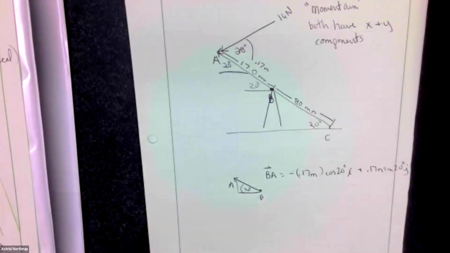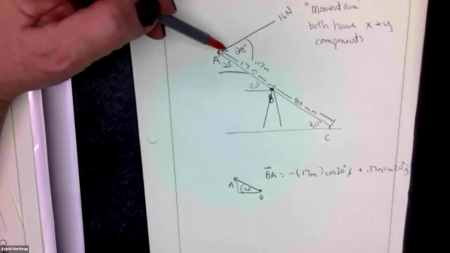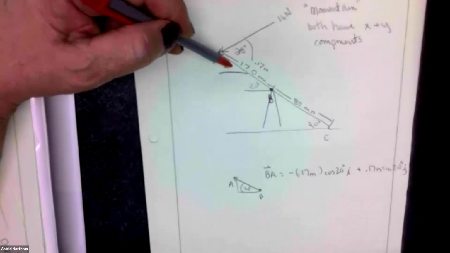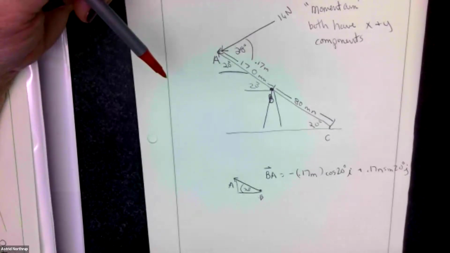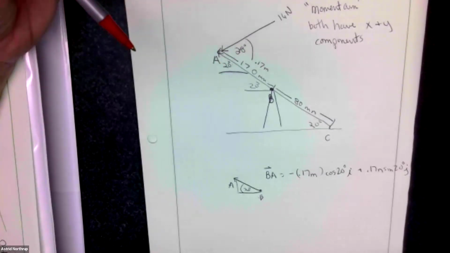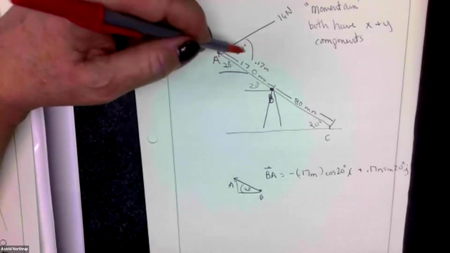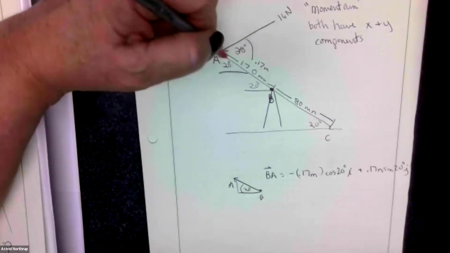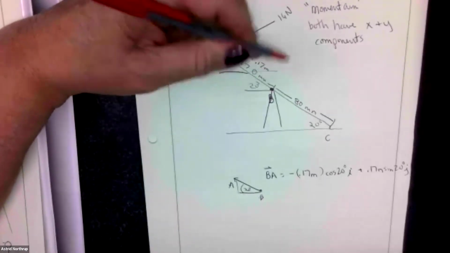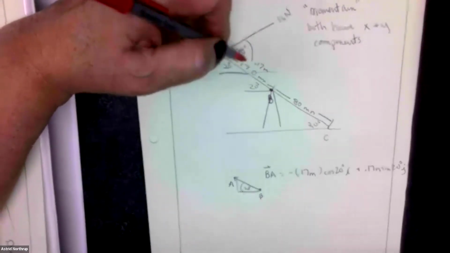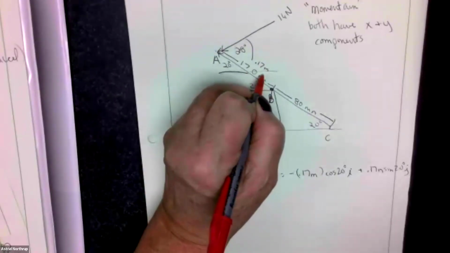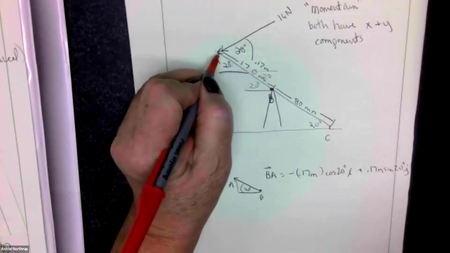Now, the next thing is, if we want to get this angle, this 28 degrees, it's not taken from the horizontal, is it? It's taken from the foot pedal. So what angle is the force applied from the horizontal? Well, if you use alternating interior angles, you can see that this is going to be 20 degrees, right?